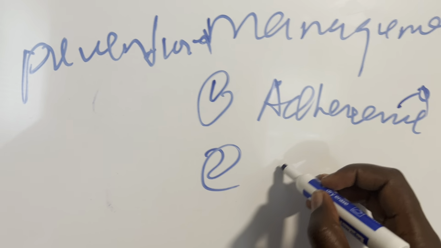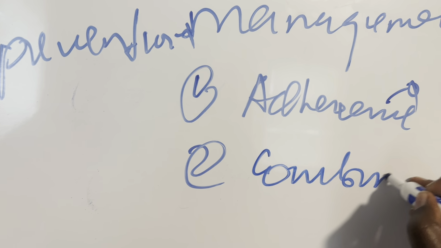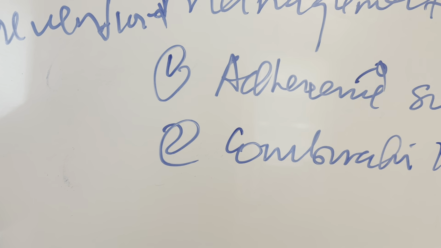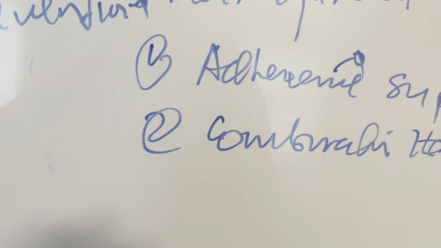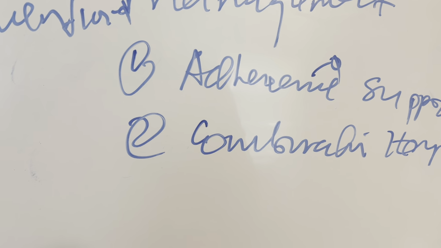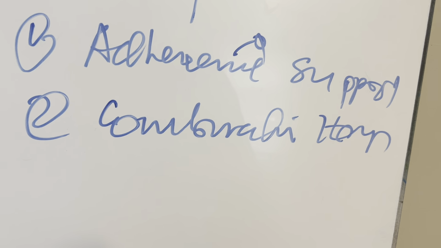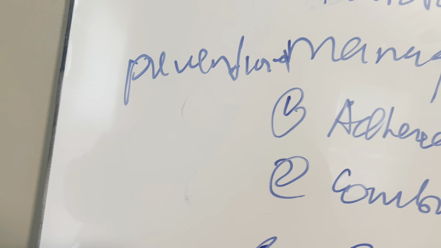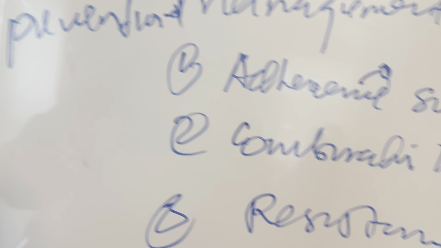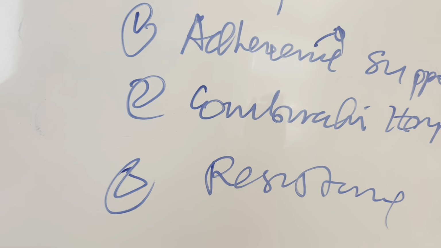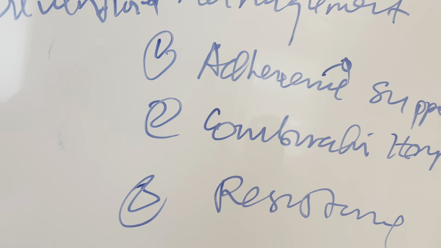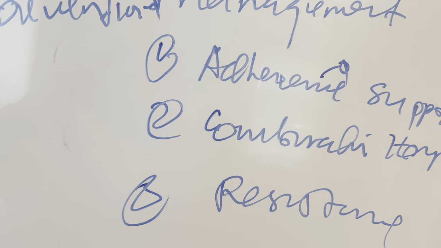This is what we call combination therapy: using a combination of ARVs, usually 3 or more drugs from different classes, to reduce the likelihood of resistance. Then there's resistance testing: performing resistance testing before starting or changing therapy to guide the selection of an effective ARV combination.